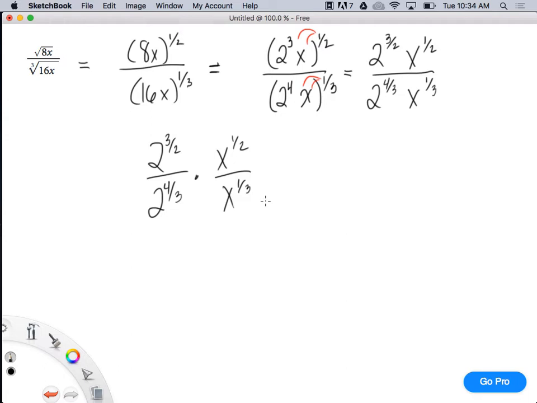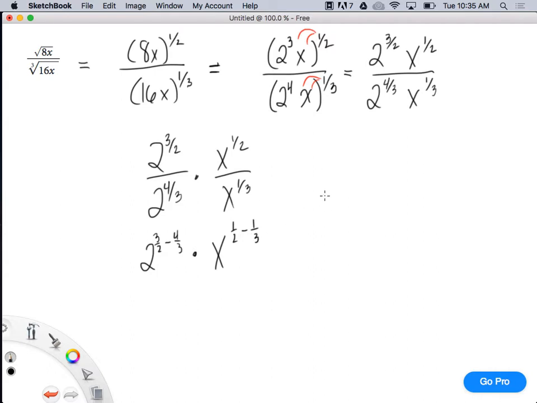What happens? What do I do with the exponents? I don't add them, I subtract them. So this is equal to 2 to the 3 halves, or I'll do it right below it so you can see, is 2 to the 3 halves minus 4 thirds times x to the 1 half minus 1 third.